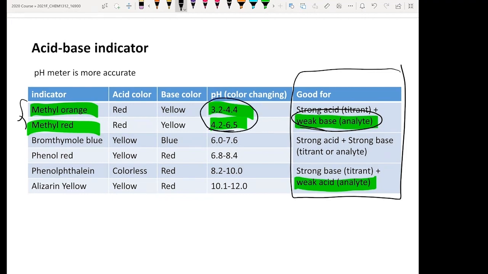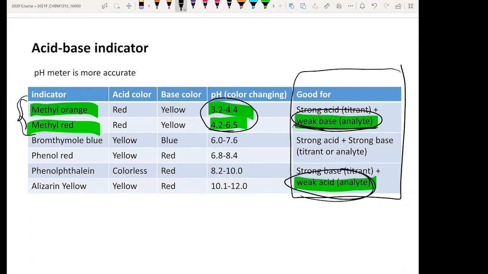If you have a weak base as your analyte, when you reach the equivalence point, all the weak base will be converted to its conjugate acid, right? So you have a weak acid solution at the equivalence point. Therefore, the pH is going to be lower than 7. These 2 are the chemicals that are going to change color at a specific range.